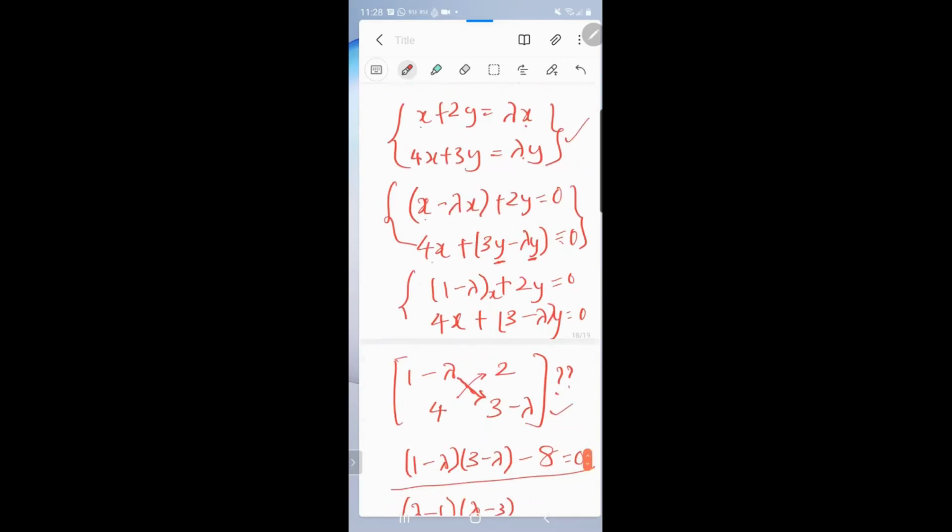Is this part clear? So then I just drop the x's and y's. So I get this new matrix.